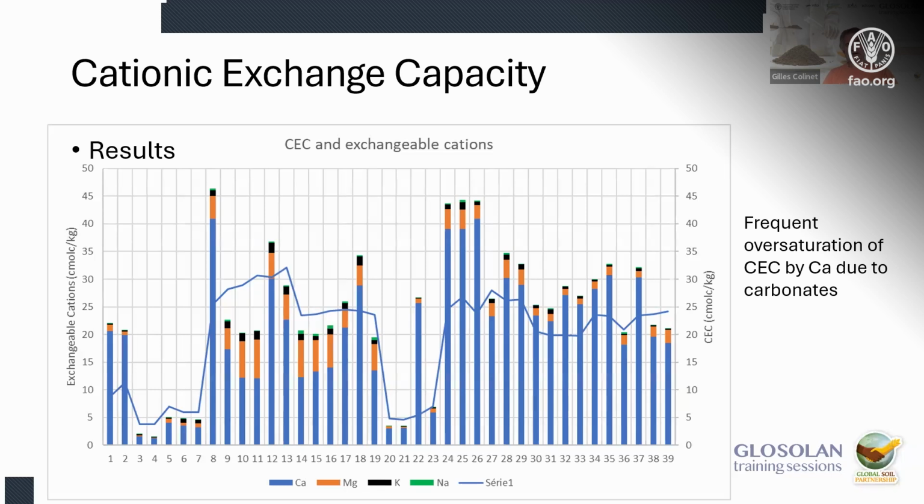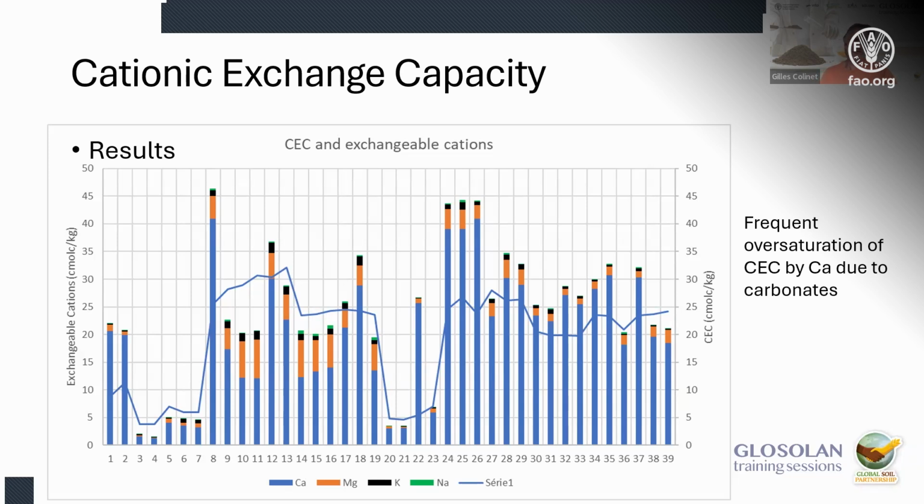When we are in a carbonated environment, with the procedure, you can dissolve calcium, which is not really on the exchange complex, but which is in the minerals, and so you put it in the solution where you will do the measurement, and you will find that you have an oversaturation of the cationic exchange capacity, which is not completely true.